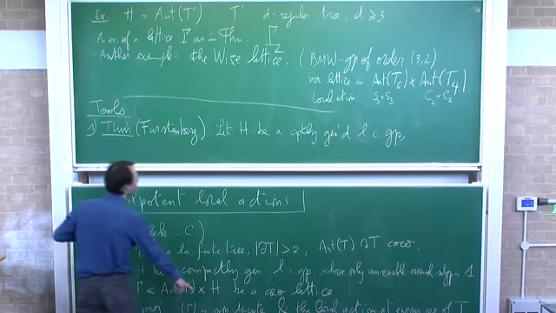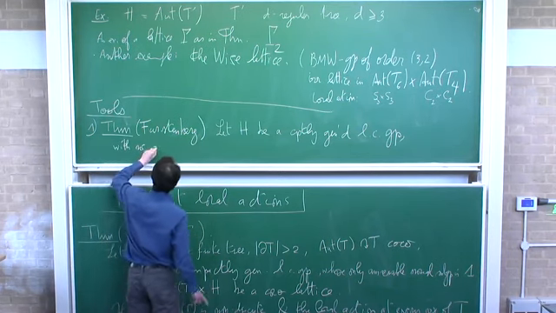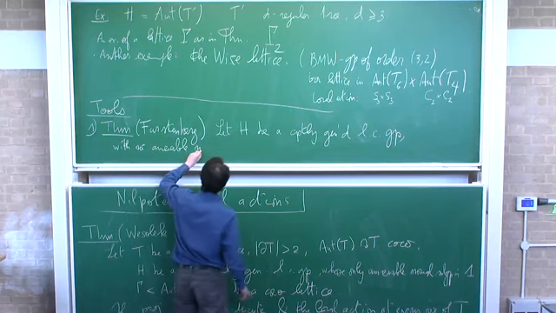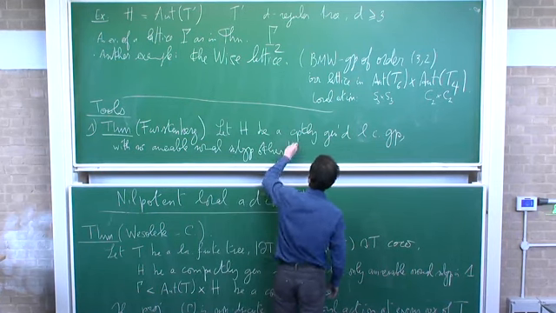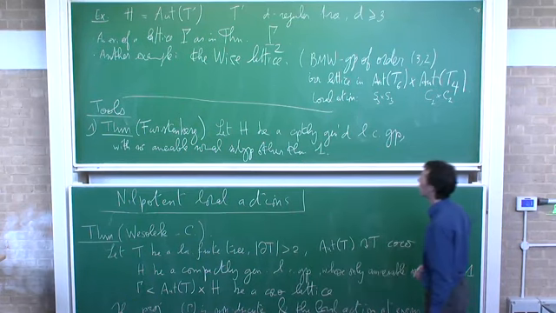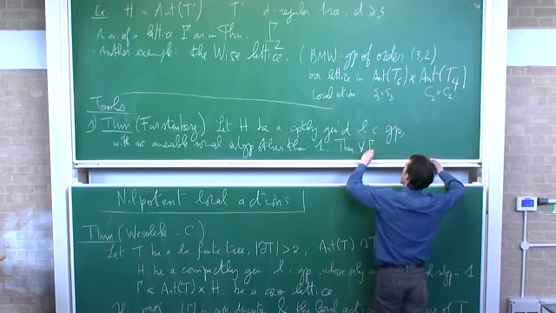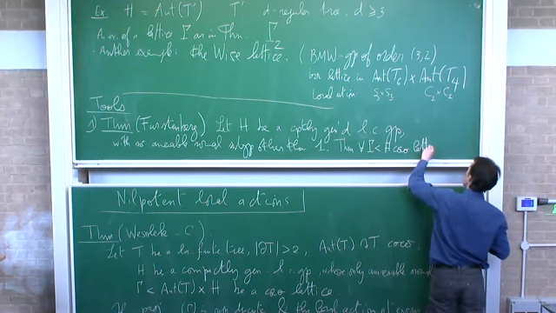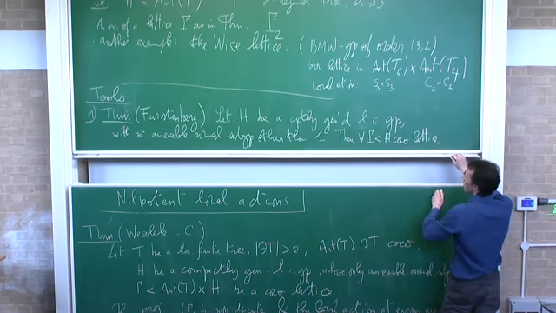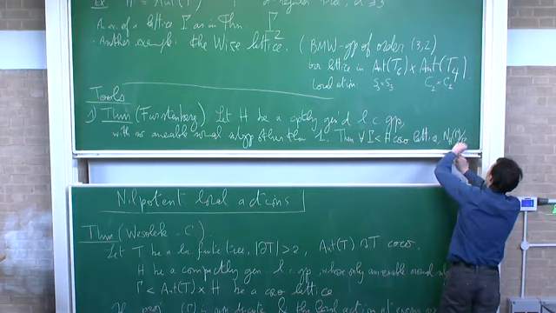So I really copied these assumptions. With no amenable normal subgroup other than the identity, then for every co-compact lattice gamma, the normalizer in H of gamma modulo gamma is finite.